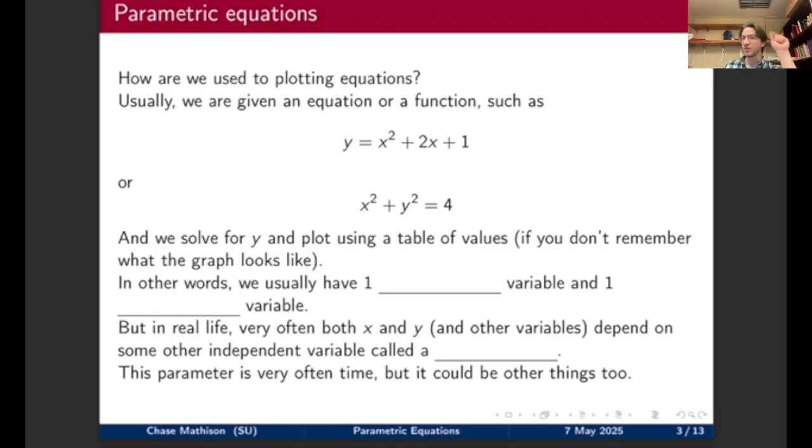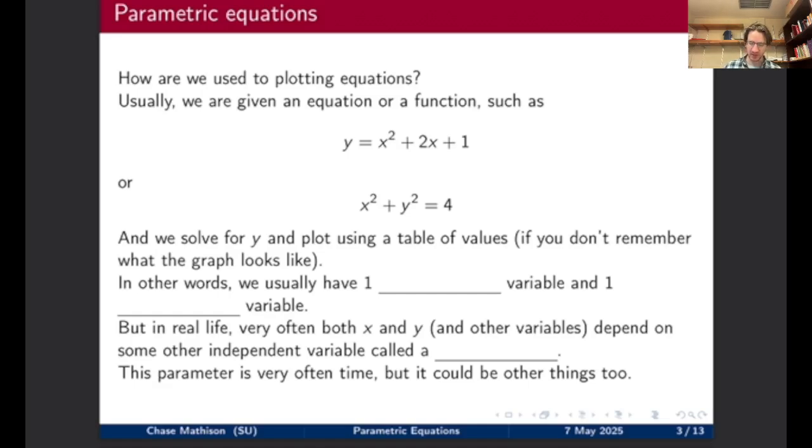But what did you do before you knew the shapes of those things? You probably created, if you wanted to plot this, or maybe you still don't know the shapes of these things and you want to know how to plot it, you throw out a bunch of x values and then find the corresponding y values and you plot those points. Remember?